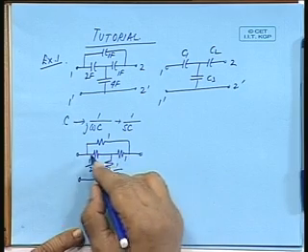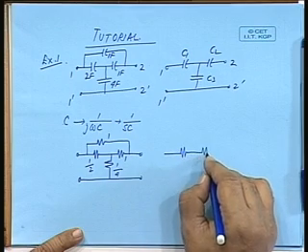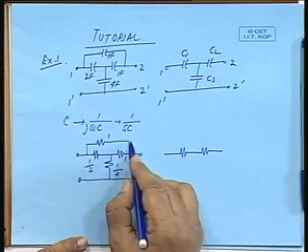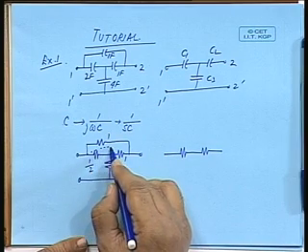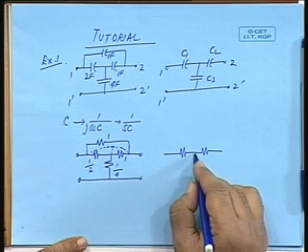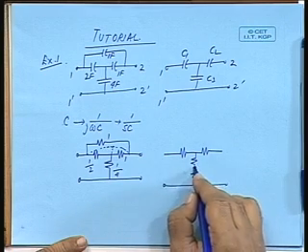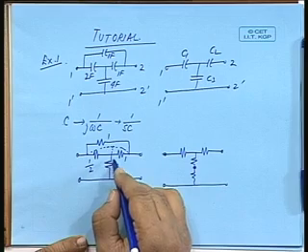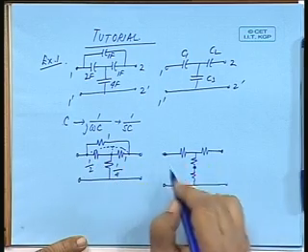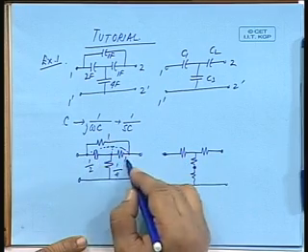Now, after this we can get an equivalent one by a star delta conversion. So, if this is a delta, then I can have a star like this. So, these 3 nodes are these 3. What will be the value of this? 1 into half divided by 1 plus half plus 1.